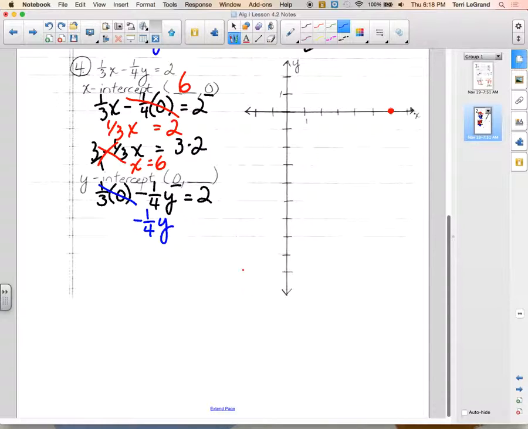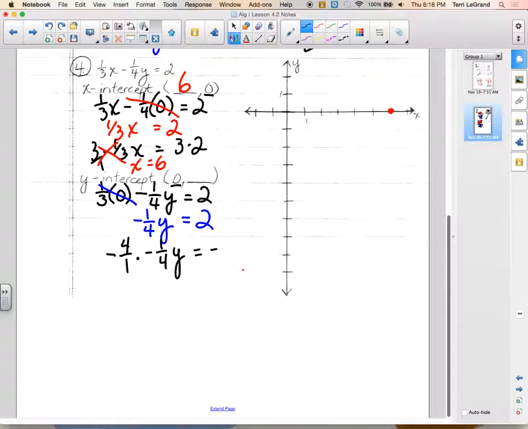That subtraction sign now becomes a negative sign. Again, we have a fraction that y is being multiplied by. Undo multiplying by that fraction of 1/4 by multiplying by its reciprocal. Its reciprocal is negative also, negative 4 over 1. So negative 4 over 1 times negative 1/4 y.